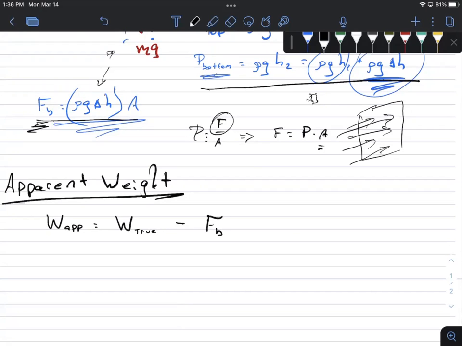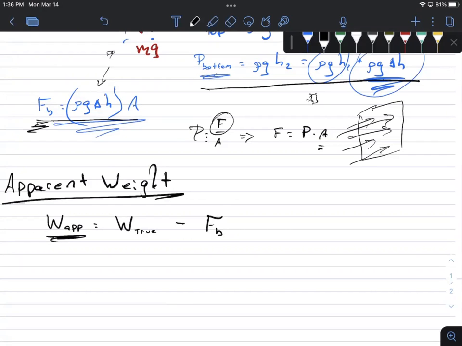So if you're in the water, let's say you weigh 200 pounds, just as a round number. You weigh 200 pounds, you get in the water, and someone may ask, how heavy would you weigh if I were to put a weight scale underwater and you stood on it? Well, the weight scale would say this number here, the apparent weight, and you could figure out what it would be.